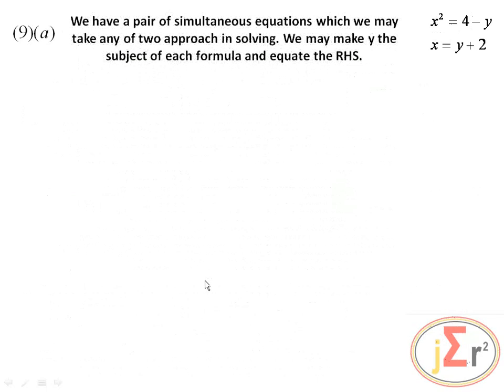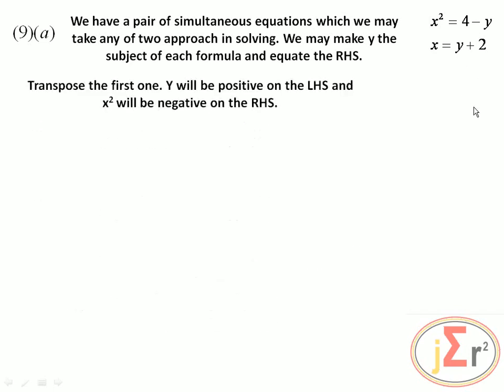We have a pair of simultaneous equations which we may solve using either of two approaches. We may make y the subject of each formula and equate the right hand sides. So we have this y right here and this one right here. Transpose both of them, making y the subject.